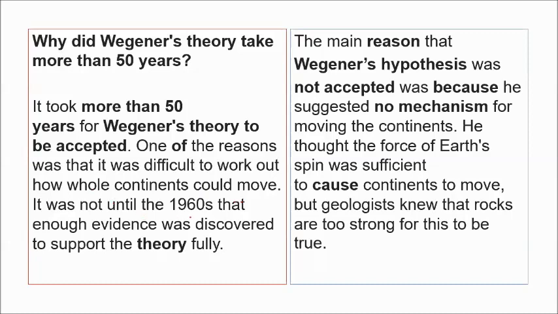So it was not until 1960s that enough evidence was discovered to support the theory fully. So the main reason that Wegener's hypothesis was not accepted was because he suggested no mechanisms for moving the continents. No mechanisms for moving the continents. No reason nag-move yung continents. So he thought the force of Earth's spin was sufficient to cause continents to move.